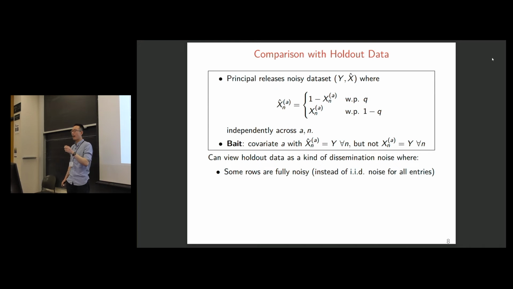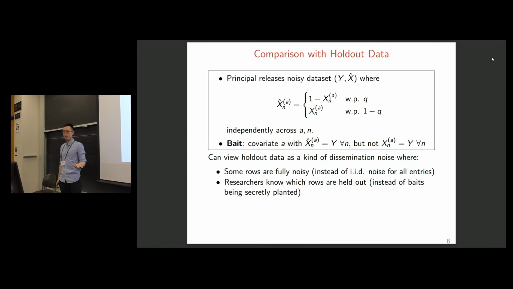Instead of injecting IID noise in each entry, I give you unmodified rows 1 through 100 for estimation, and I completely hold out, I show you absolutely nothing of, rows 101 through 200, let's say. Another difference is, in the world of holdout data, you as a researcher are told which rows are being held out, 101 to 200. But here in the world of injecting noise, we're not going to tell you which covariates are baits, right? We're going to somehow secretly plant these baits into the data set.